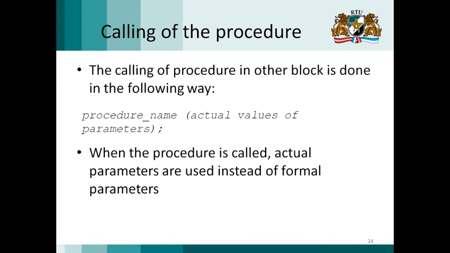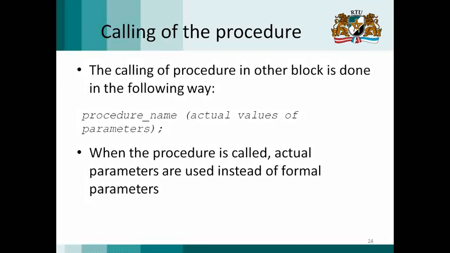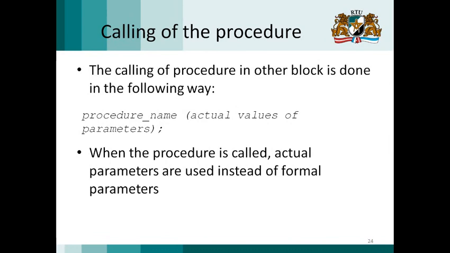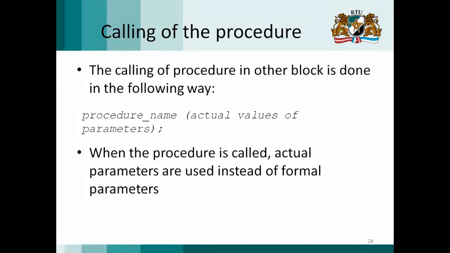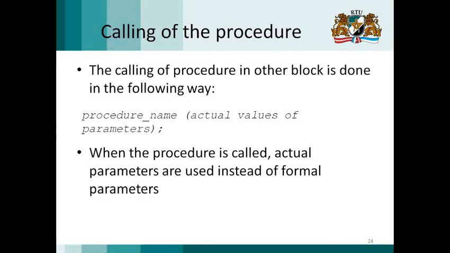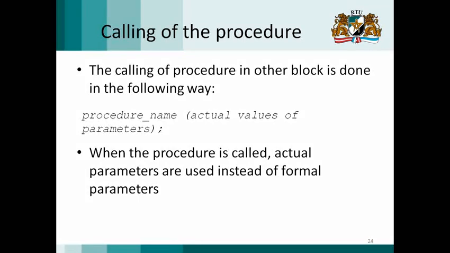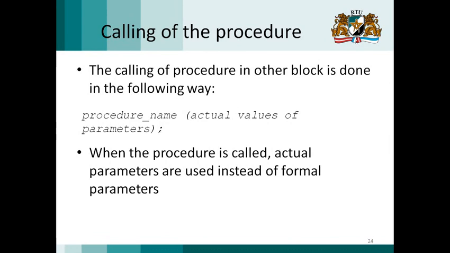So, for example, this call might be something like this. In this case, it is a text that is given to this procedure, but it must not always be a constant. We can also give a variable to this procedure.